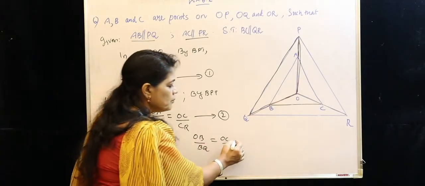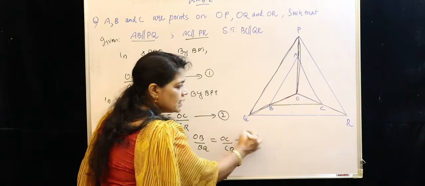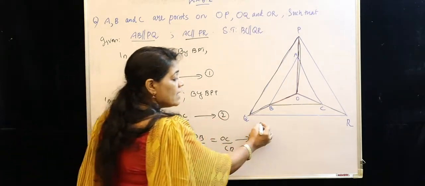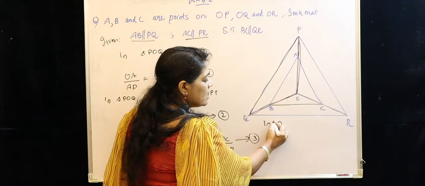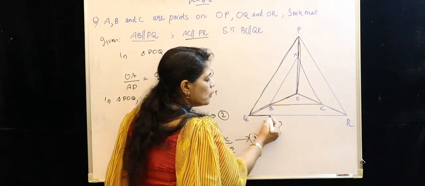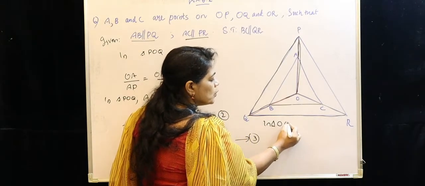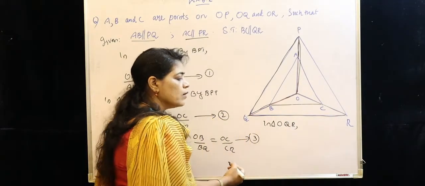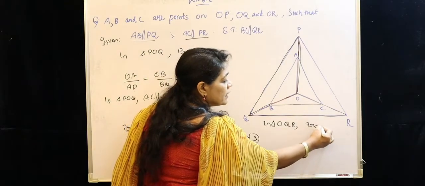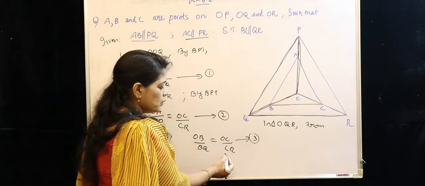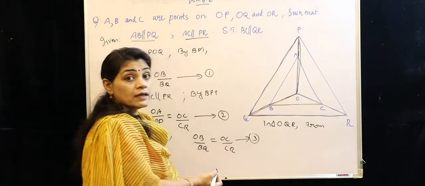If you mark this as equation number 3, so in triangle OQR, from 3, what can you write? We have this relation OB by BQ equal to OC by CR.